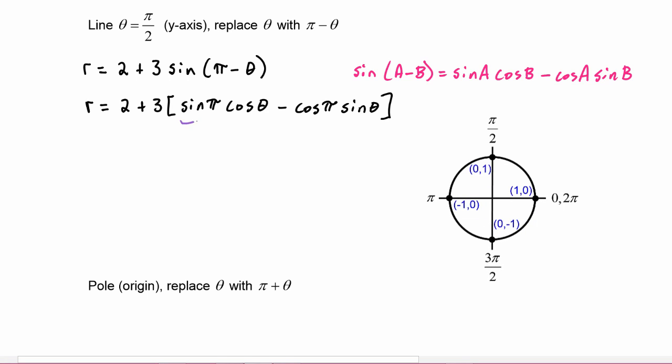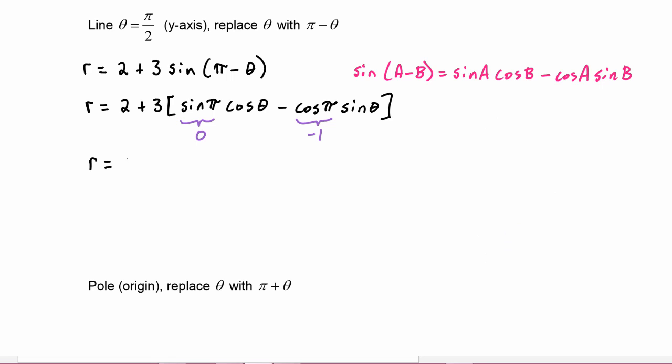We know that the sine of pi is equal to 0. The cosine of pi is equal to -1. So our equation becomes r equals 2 plus 3 times the quantity 0 plus sine theta, which simplifies to be r is equal to 2 plus 3 sine of theta.